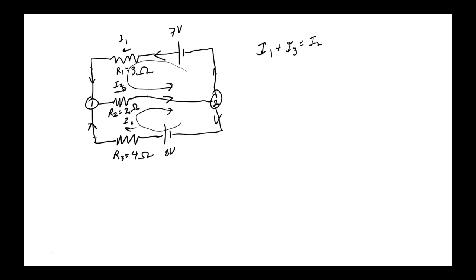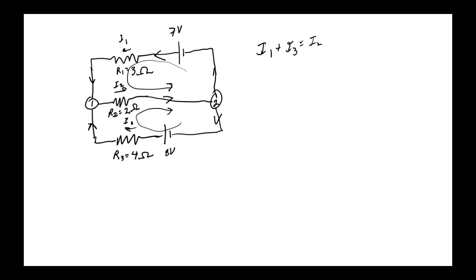And because you think the current's going this way and you're going against the current, that would then be a plus 3 times I1, and then this would be a minus 7 because you're going against the voltage. That could be an outside loop as well. Those are usually a little weirder. Sometimes it makes good sense, but these two give you everything you need. Those are the easy two. So let's do those two.